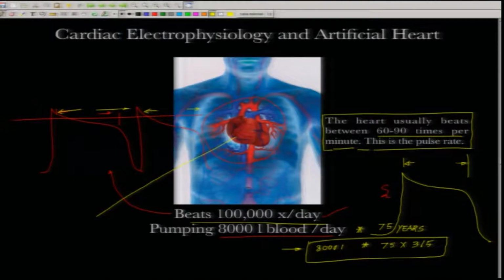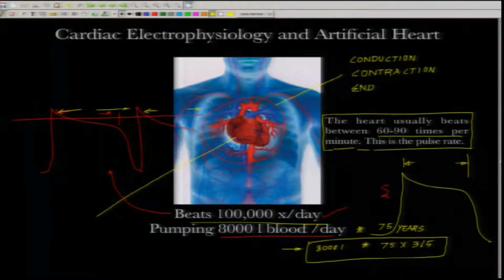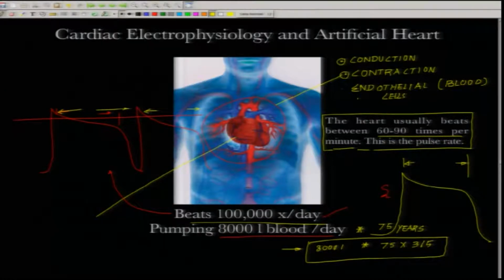Look at this. This is what consists of your conduction system, conduction, contraction, which is cardiac myocytes, endothelial cells forming the blood vessels and carrying the blood, and stem cells.